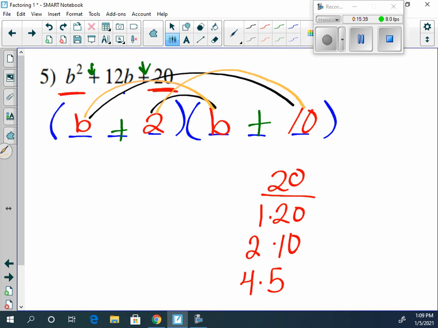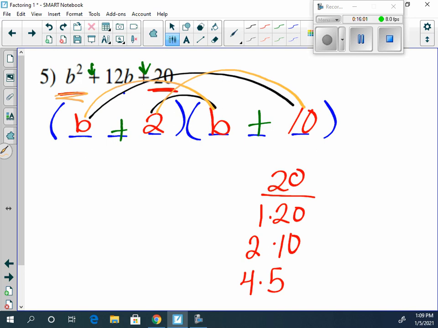Now, this other set that I just did in this kind of off orange color, we don't normally do these in the check. We don't multiply these out. Because b times b is b squared. How did I know b and b? Where did I get b and b? Well, they're the factors of b squared, so they should multiply together to give me b squared.